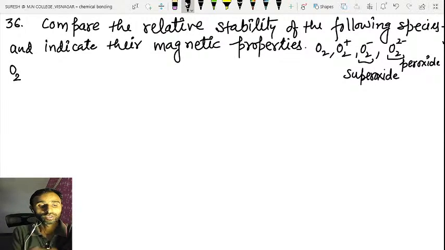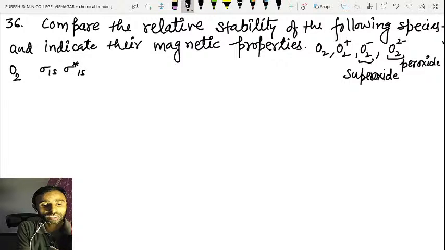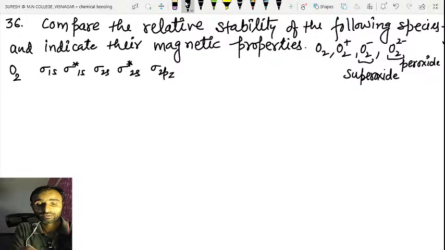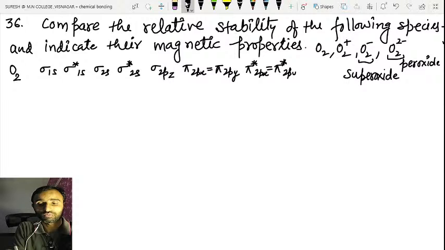So for O2, the configuration is sigma 1s, sigma star 1s, sigma 2s, sigma star 2s, sigma 2pz, pi 2px and pi 2py are degenerate, then pi star 2px, pi star 2py, and last is sigma star 2pz.